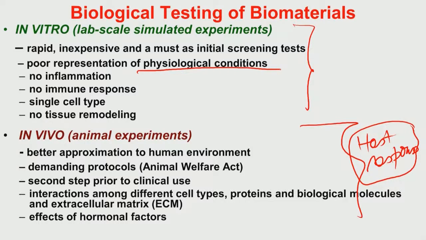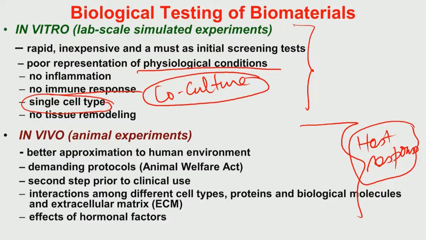There is no inflammation that you can study here, there is no immune response. Largely, in vitro experiments are conducted with a single cell type. Either you culture osteoblast cells or you culture fibroblast cells, but there is a recent trend that people try to use, called co-culture. Co-culture means two different cell types are cultured together.